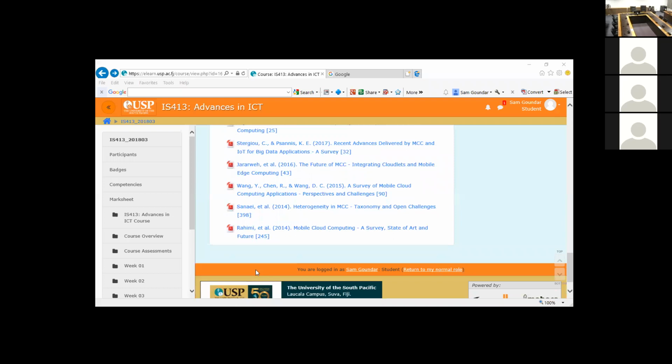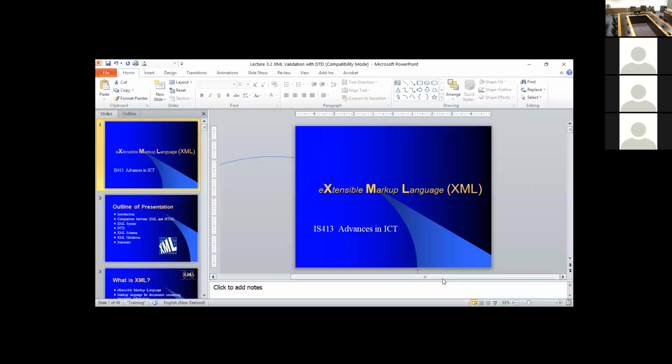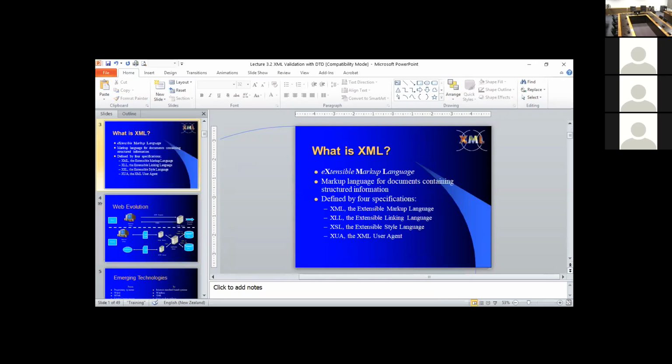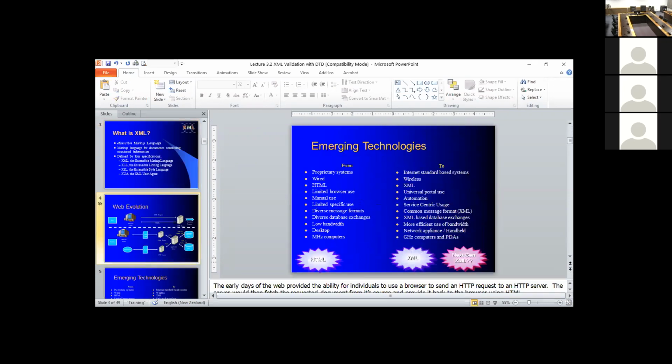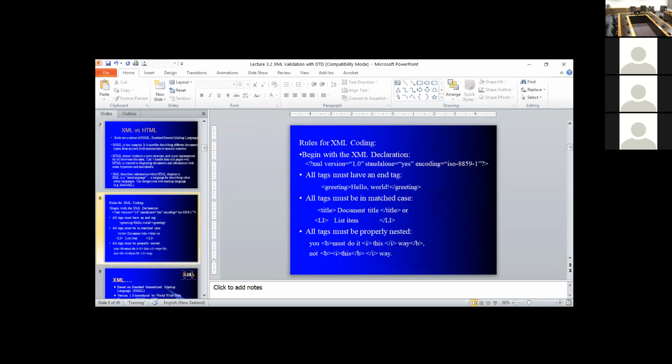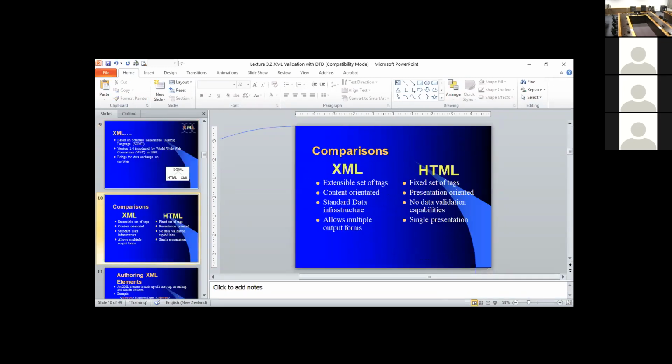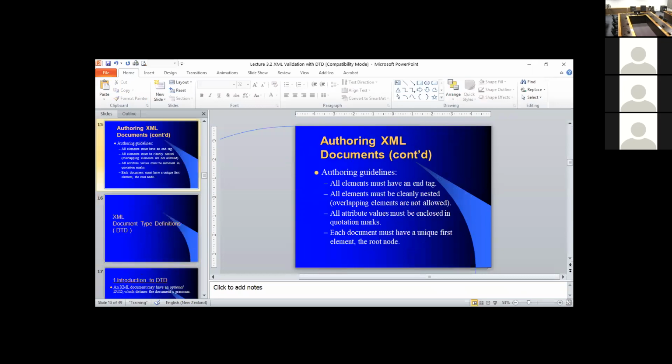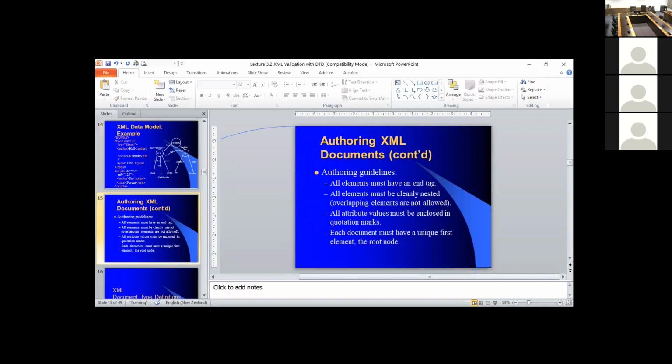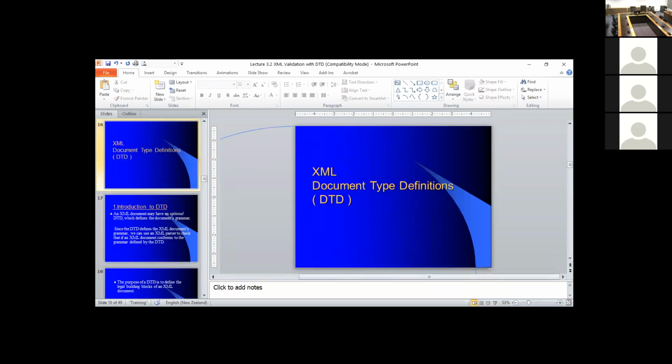The other thing, if we have time, that I'm going to share is a PowerPoint presentation on XML that looks mostly in detail at whatever is in the practical labs, but more importantly, it looks at document type definitions.